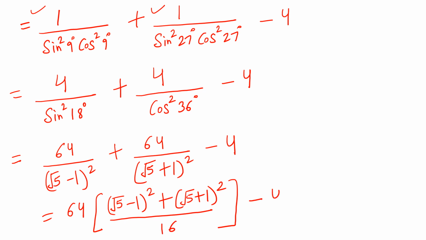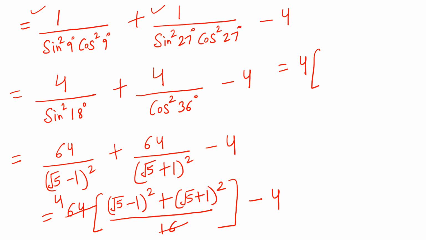And then we have minus 4. Now 16 cancels 64 to give 4. Now students, this can further be written as 4 into, inside the bracket, we have root 5 minus 1 whole square plus root 5 plus 1 whole square.